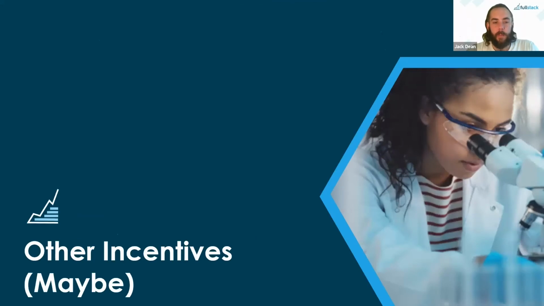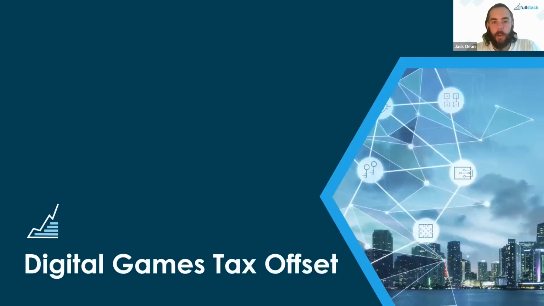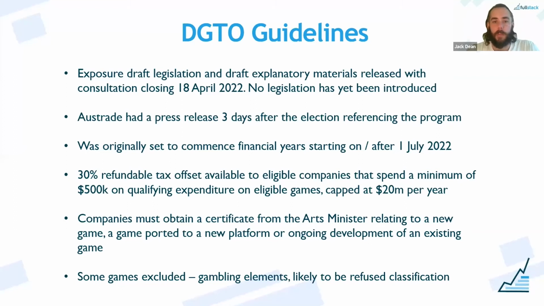So, other incentives. I did have the patent box legislation in here as well, but I took it out because it's not really applicable to software at this stage. The other one was introduced prior to the election: the exposure draft legislation has been released and consultation conducted on that before the election.